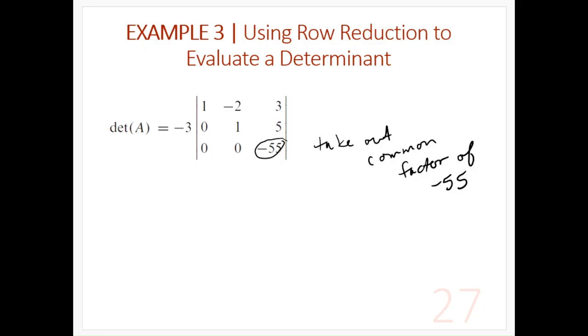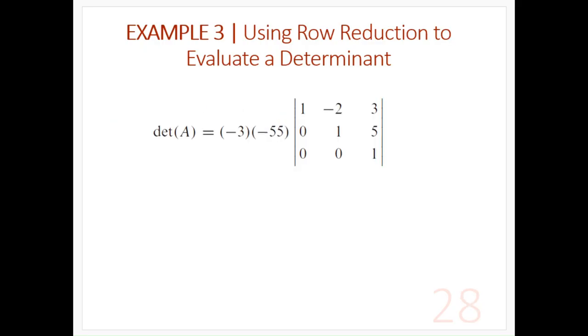And what does this now look like? It should now be down to this. We've taken out that common factor of negative 55. And don't forget your relationship, once again from table 1, that the determinant of B equals K times the determinant of A.